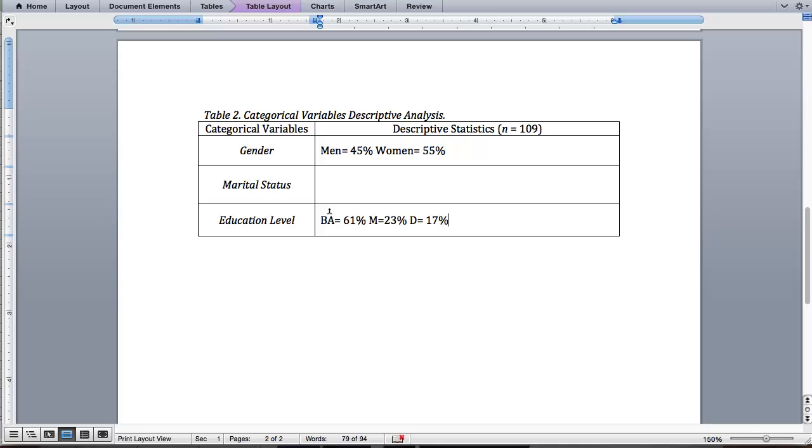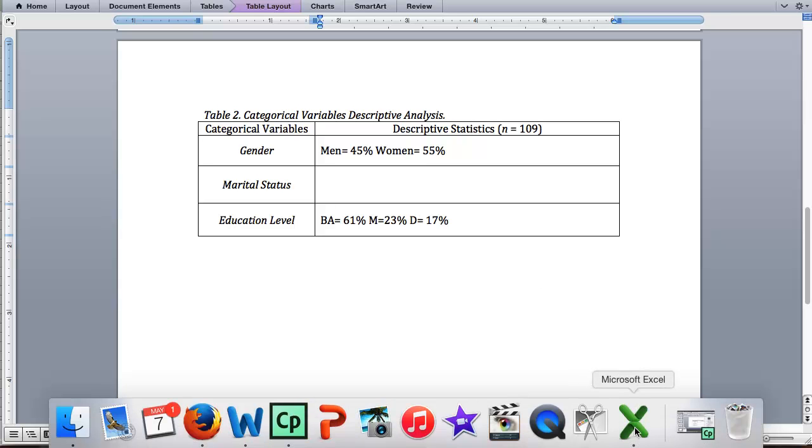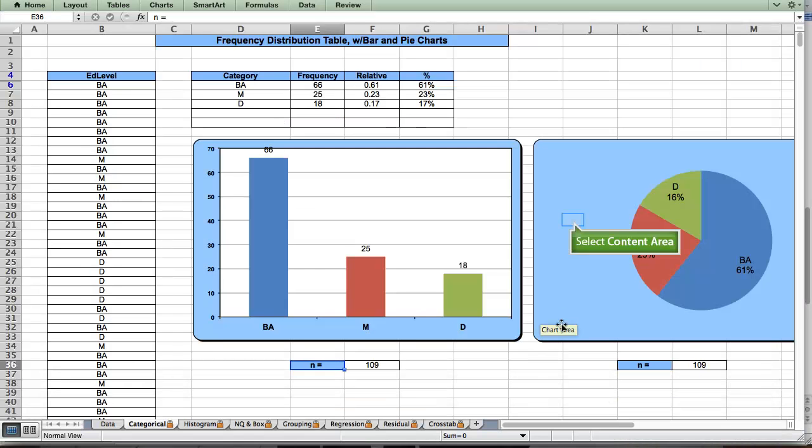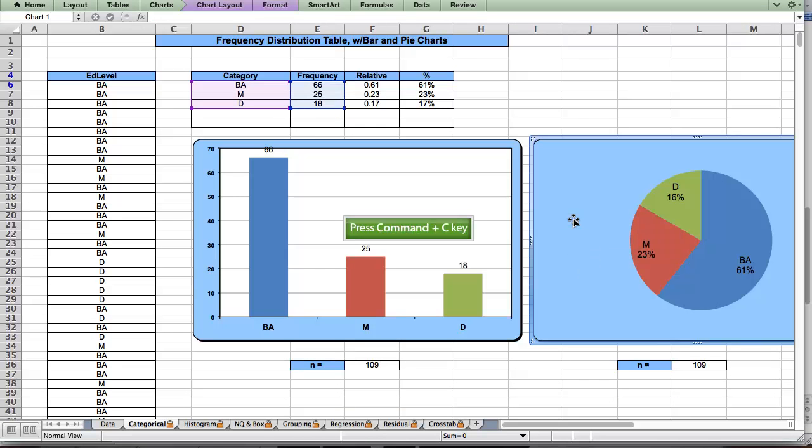Optionally, just like with our quantitative data, we could use some visuals. And we could choose either the bar graph or the pie chart. Visuals are nice, but they are certainly optional. I'm going to take the pie chart for education level.